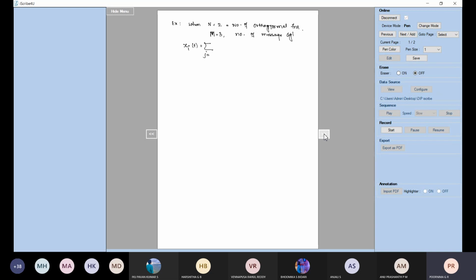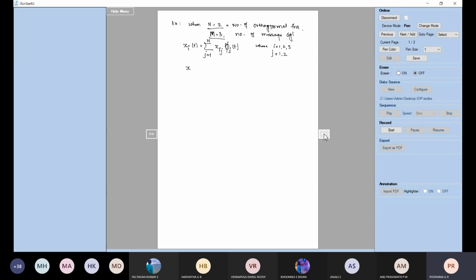It is the summation of j equal to 1 to n of x ij, the signal vector, multiplied with the basis function you have chosen, where i is 1, 2, 3 and j is 1 to 2, because n we have chosen as 2 and m as 3.